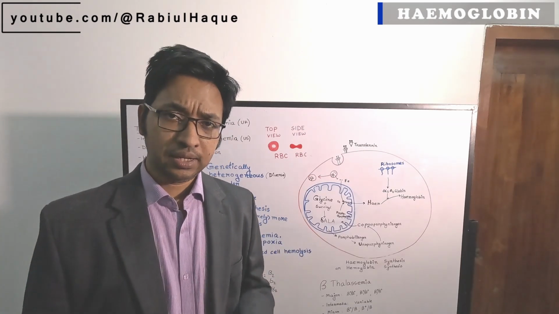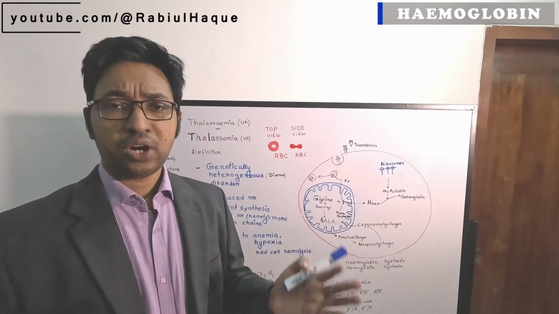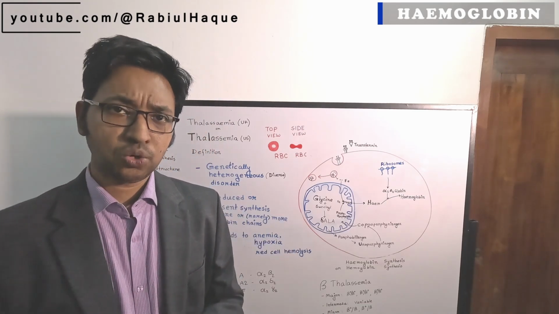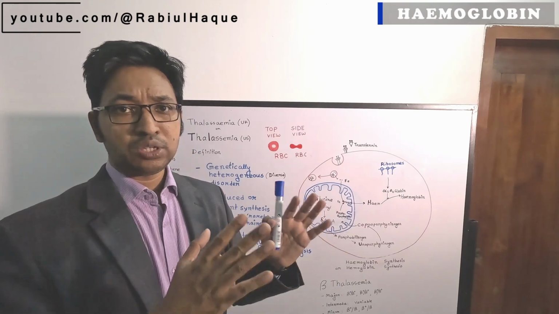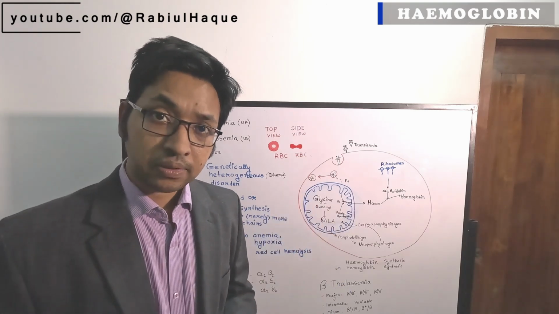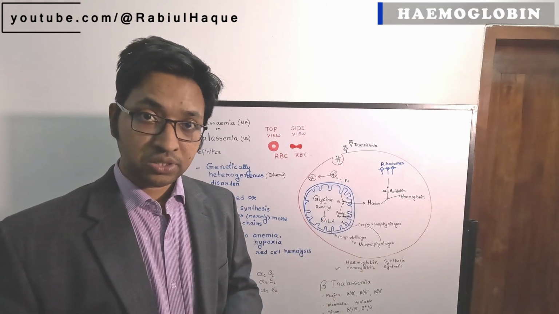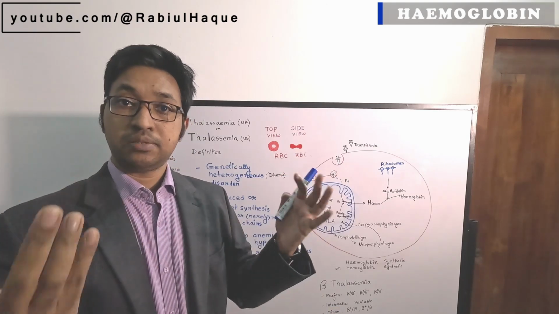Often I tell my students to think of hemoglobin like a pickup truck and oxygen as its payload. The red blood cells, when they're flowing through the vessels in the lungs, are collecting oxygen inside the hemoglobin, just like a pickup truck is taking its payload.